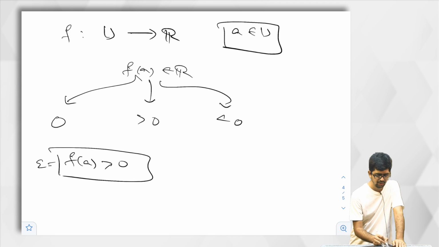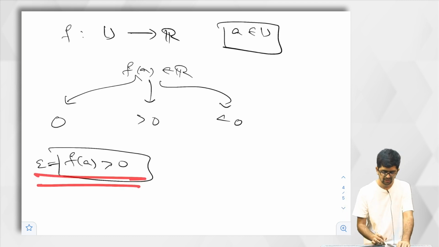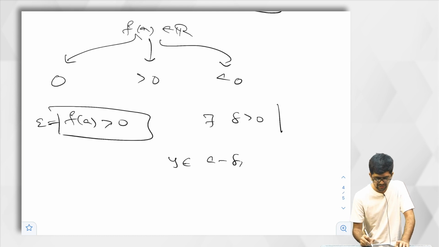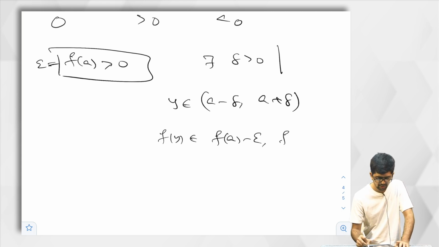We will see what happens. Epsilon is equal to f of a, a positive element. So, there exists a delta positive such that for y belongs to (a minus delta, a plus delta), we have f of y belongs to (f of a minus epsilon, f of a plus epsilon).